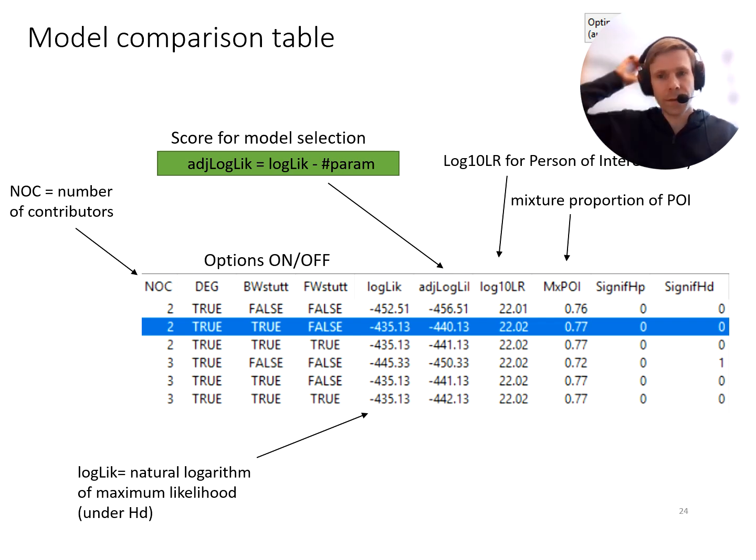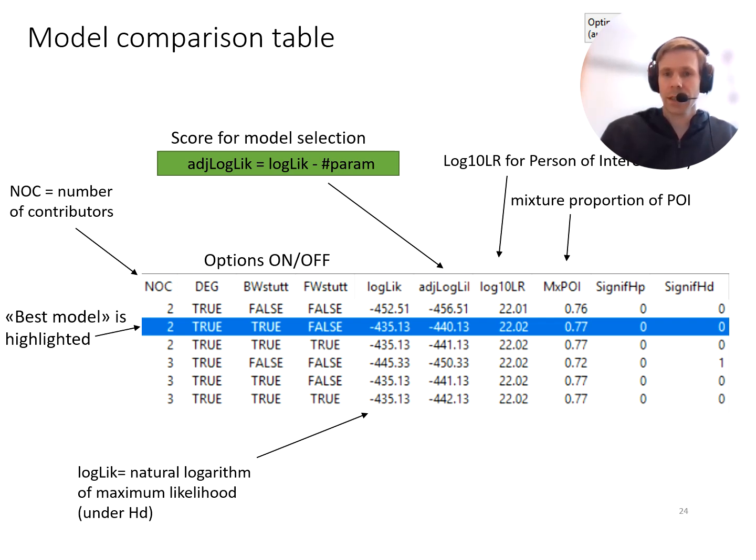So it's a way to avoid the model being too complicated. The reason for this penalty is that the log likelihood value will always increase with added complexity. And of course the best model is highlighted in blue and is selected as the final model.